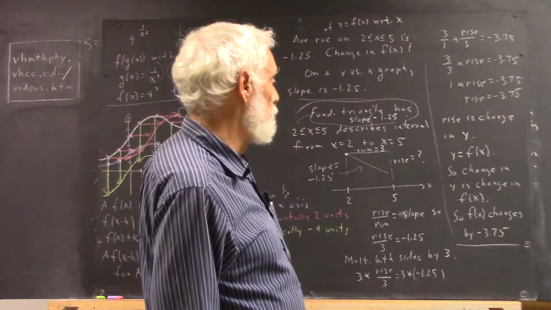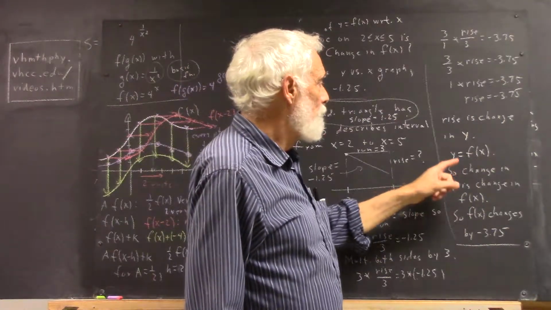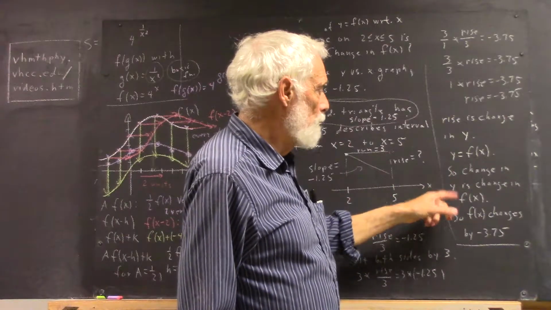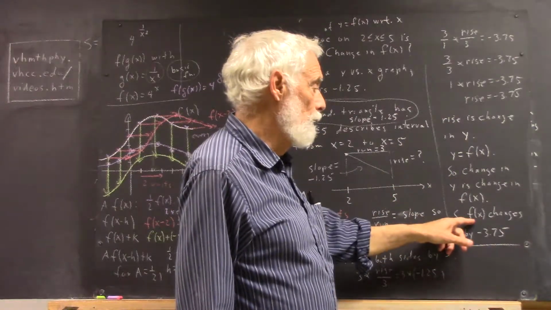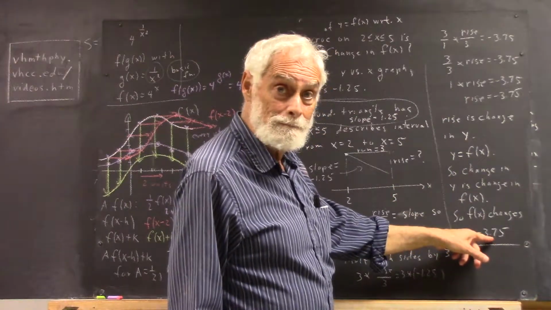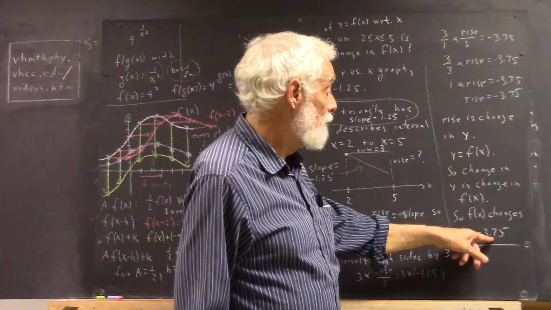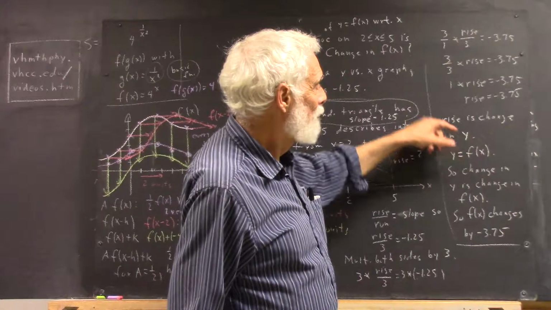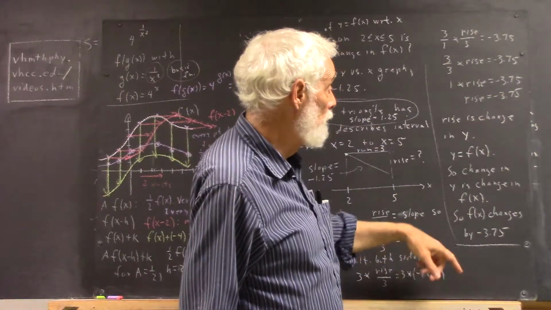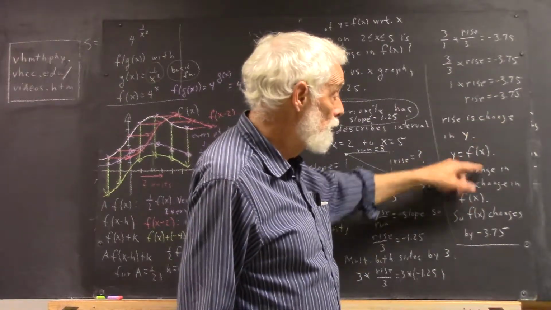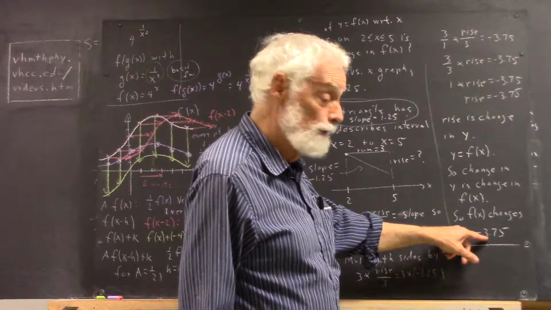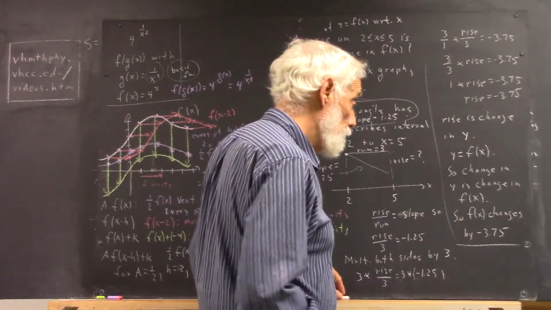This is not trivial. Okay, so change in y is a change in f(x), so f(x) changes by negative 3.75. Since, again, the rise, which is negative 3.75, is the change in y, which is the change in f(x). So change in f(x) is negative 3.75.